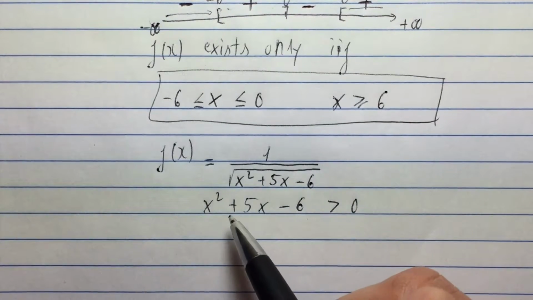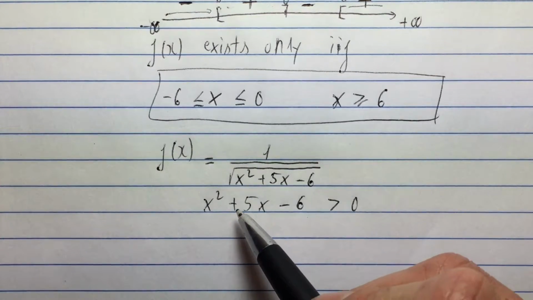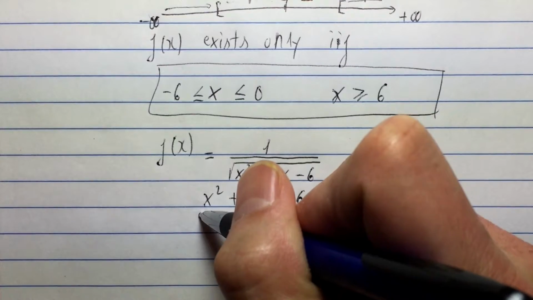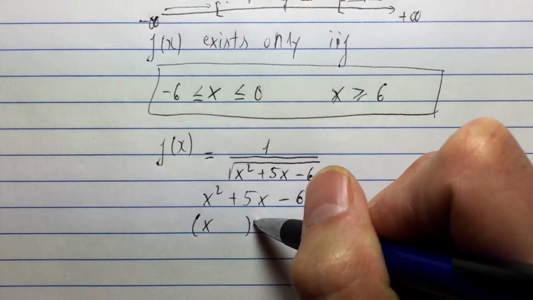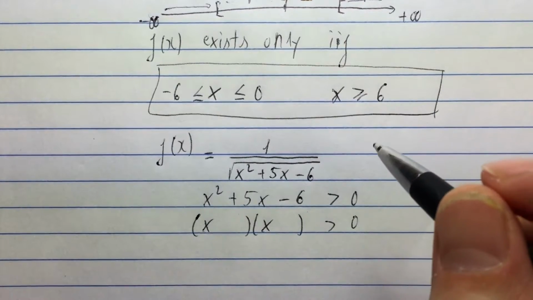Now I have a quadratic form, so I use the factor method to find x. So (x plus something) times (x plus something) greater than 0.